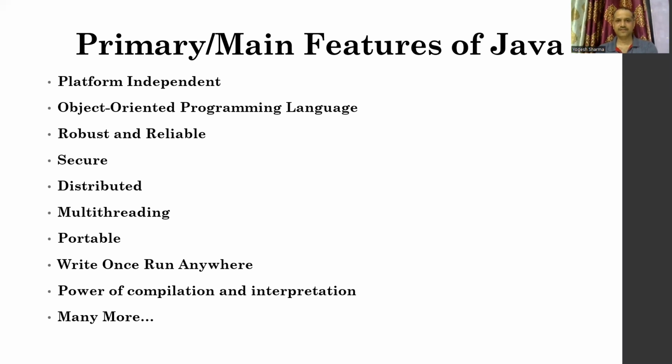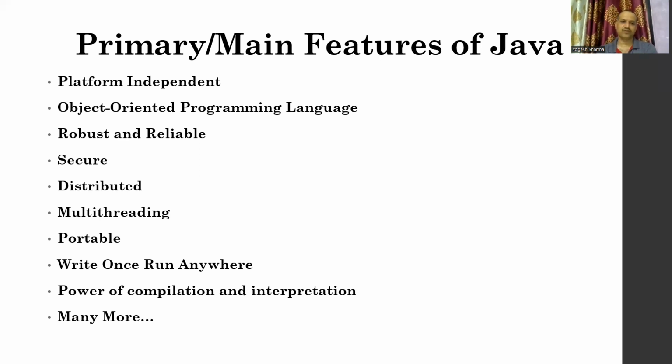We can implement this distributed feature with the help of Remote Method Invocation. Whenever a method is located in a remote place, with the help of the RMI feature, another user can access that particular method with the help of remote objects. This feature is provided by Java programming.